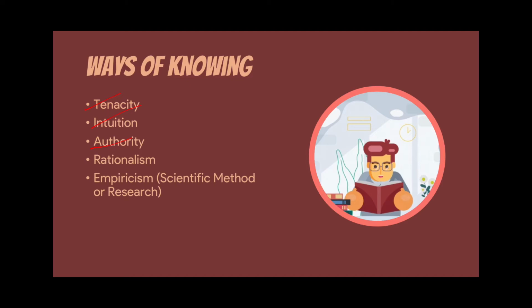While it's better than tenacity and intuition, there are still pitfalls and gaps in just listening to an expert talk about their ideas about a certain question. Also, sometimes we place expertise not on real scientific expertise, but on celebrity status.